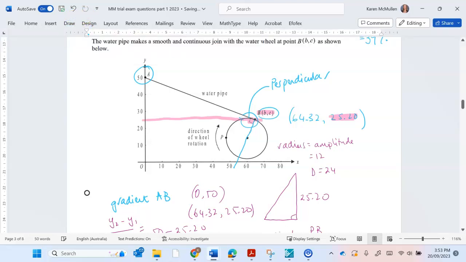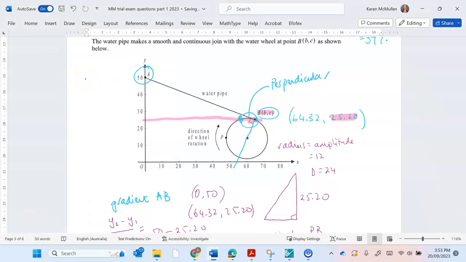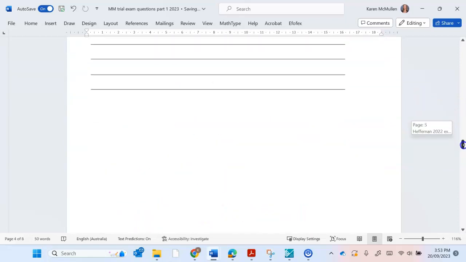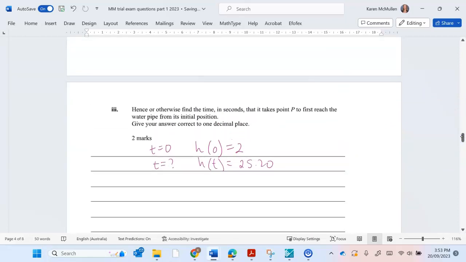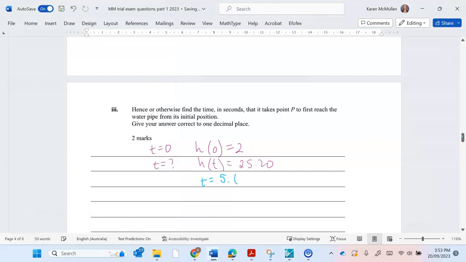This is where we get our first solution. But we want this second solution. You'll notice on my calculator, I got the 4.41. That's this first point. We want this second point here. So let's just scroll down. There we go. It's going to happen at t equals the second value, so 5.59. Oh, it's one decimal place, so 5.6. And it's in seconds.